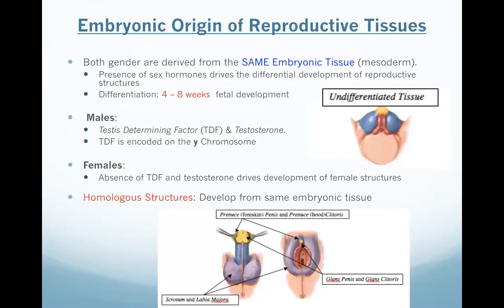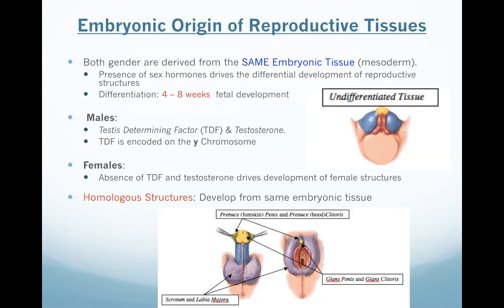All right, so just a little brief background on the embryonic origin of reproductive tissue. Males and females have an extremely high amount of homology between reproductive structuring, and that's because they are developing from the same embryonic tissue or mesoderm.